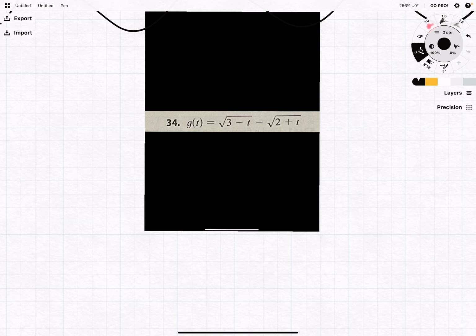And what we know about square roots is that if it's a square root or some even root, right, the square root or fourth root or sixth root, any even root, we cannot have negative numbers underneath the radical, right? And the radical is this sign here. So no negative numbers here for any even root.